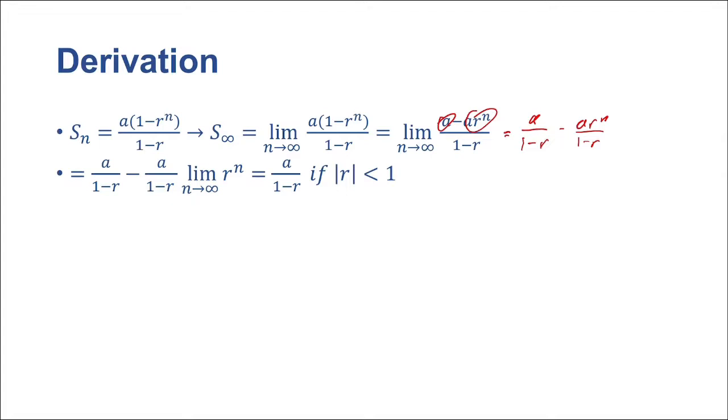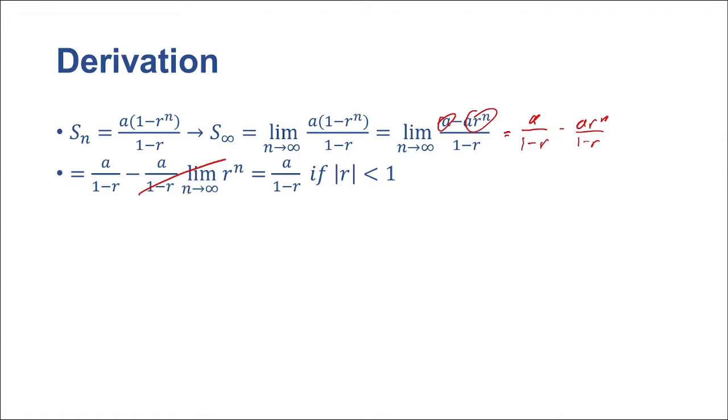So we need to think about for what values of r, because essentially what we want, in order for this to be finite, is for this term to go away. So we need r to the n to be 0. So for what value of r does r to the n go to 0?